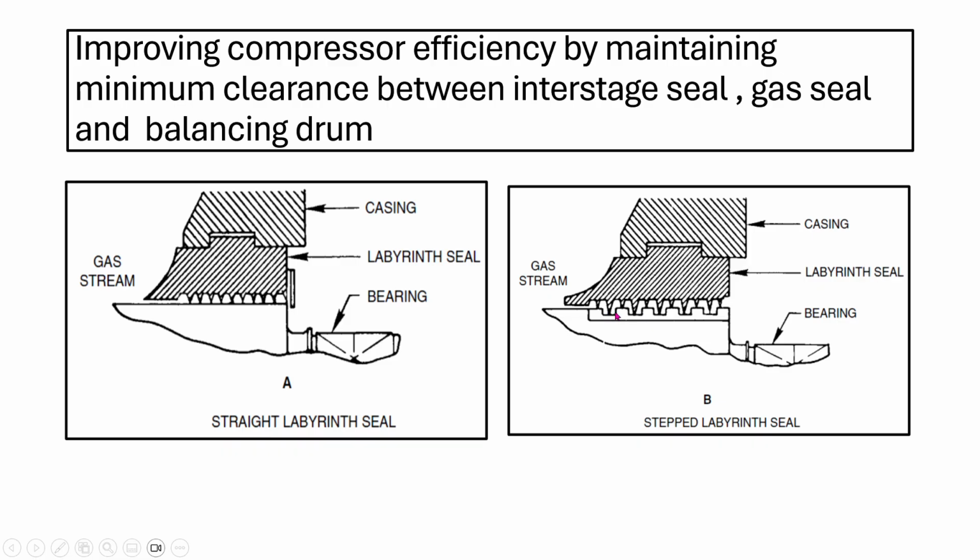If you maintain very small clearances, losses through the labyrinth seals will reduce and your efficiency will increase. Labyrinth seals are also used in balancing drums. We have to maintain the clearances as per the protocol value; then the efficiency of the compressor will increase.